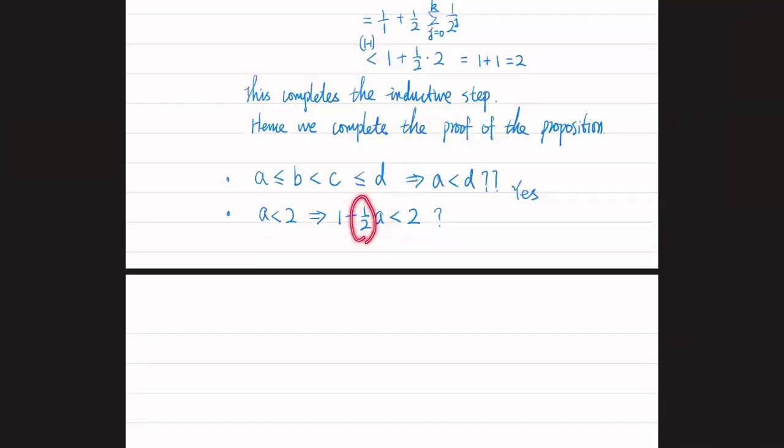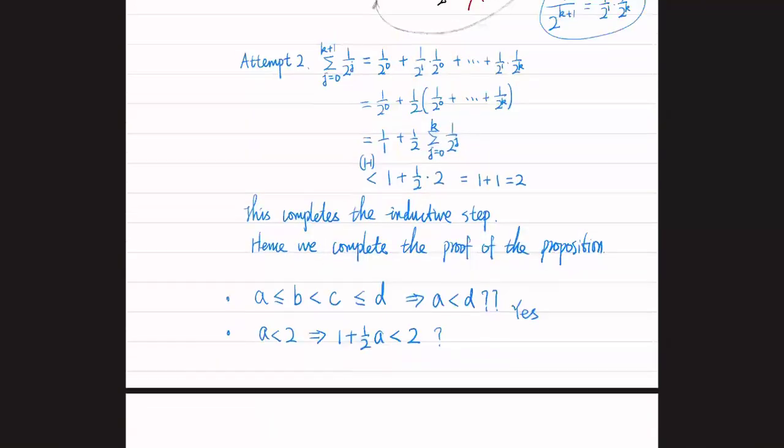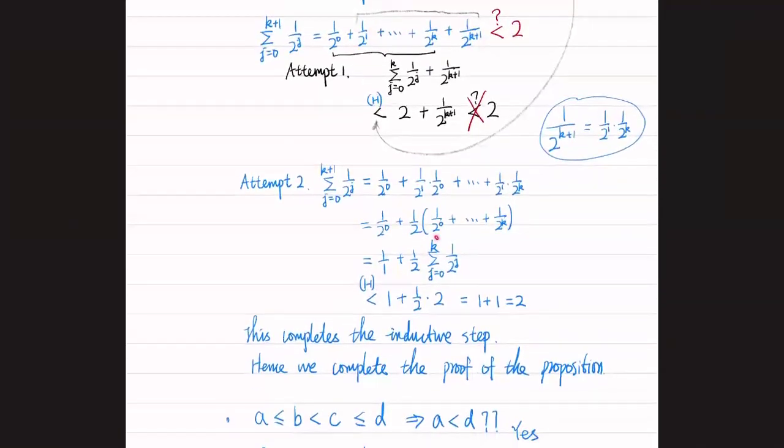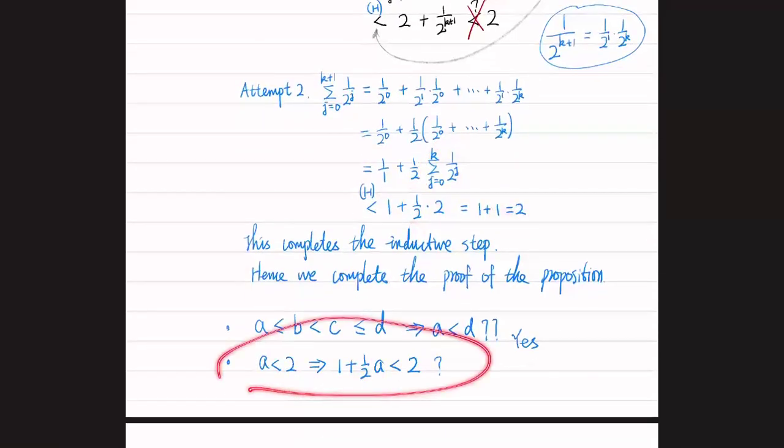Okay, yeah, that is less than 2. So this is definitely less than 2. That's what we had over there. Because this is less than 2, take 1/2, add 1, this is also less than 2. You're saying that the hypothesis is less than 2, and then 1/2 of that is less than 1. We add 1, it's still less than 2. I see. It's the same thing over there. Okay, very good.